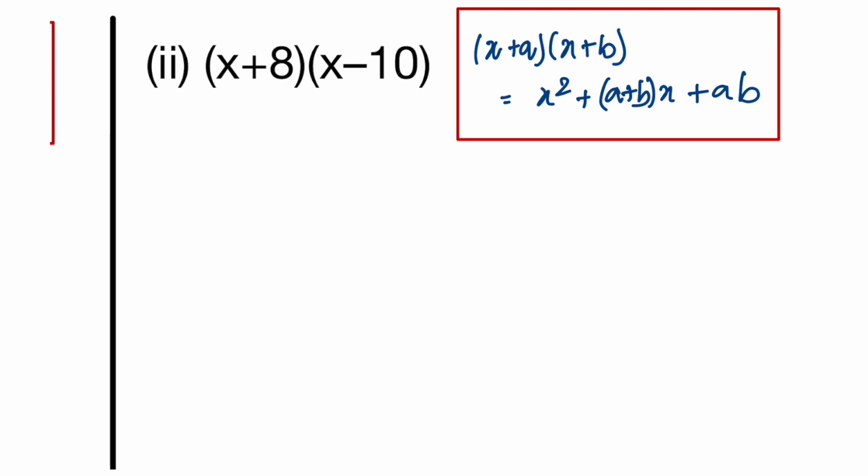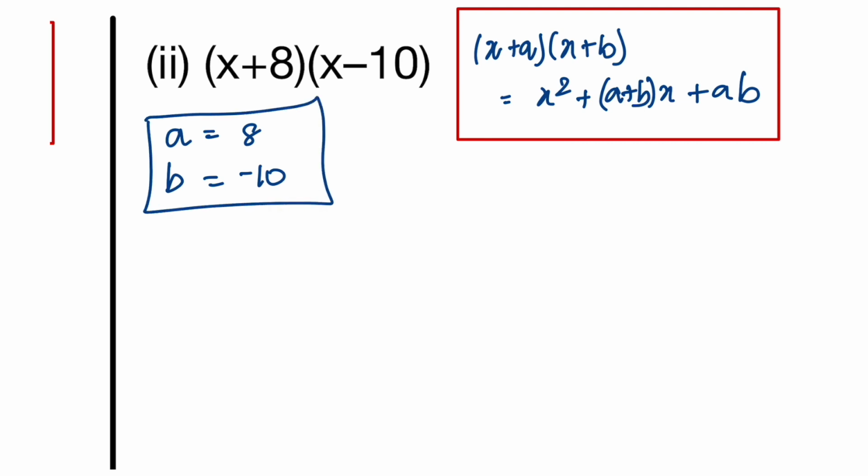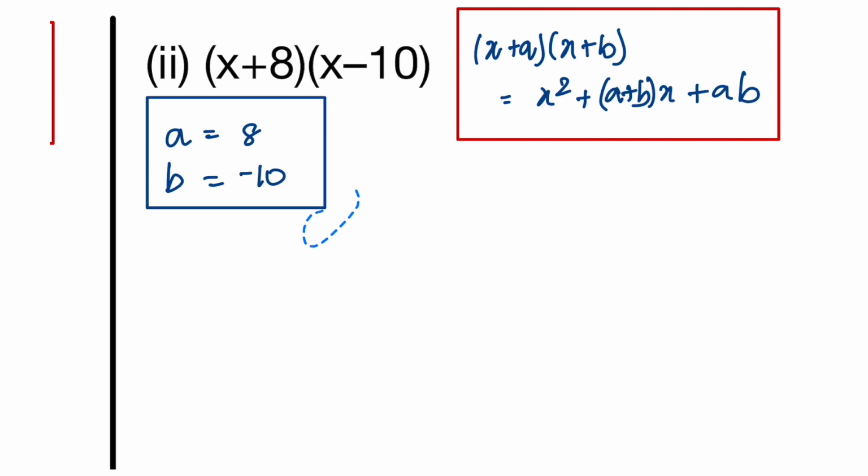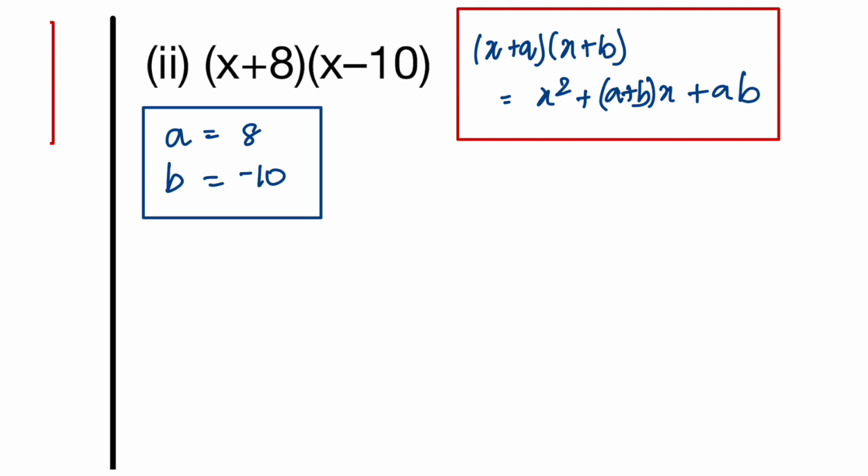Step marks. So in this case, a is equal to 8 and b is equal to minus 10. With this assumption, you can just solve this question just like the previous question. Instead of assuming it as x minus 10, it's like x plus minus 10. If you assume it like this, you can use the same identity and solve it. So what would be the right hand side? It's x squared plus a plus b x plus ab, right?